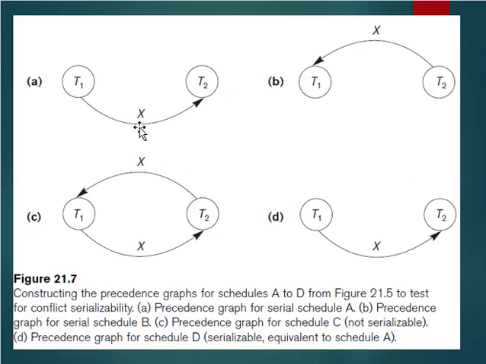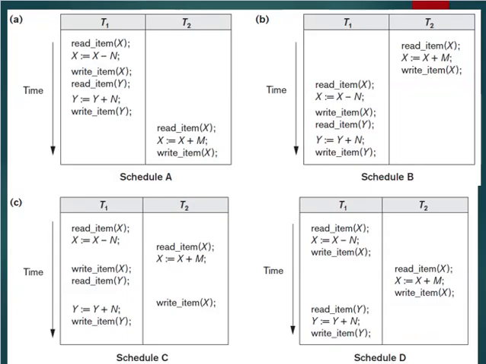Okay. So in the next slide we can see that we draw an edge T1 to T2 and we mark the conflicting data item X. In schedule B, we can see that transaction T2 is executed first, and write item X is the last operation it executes.